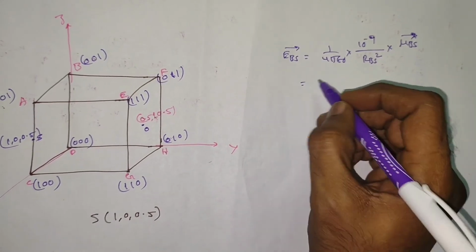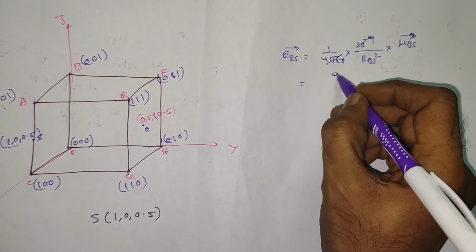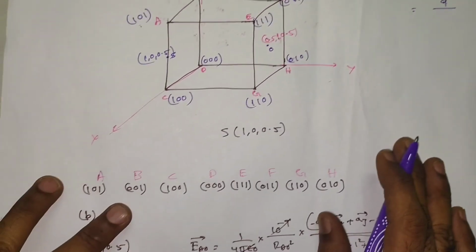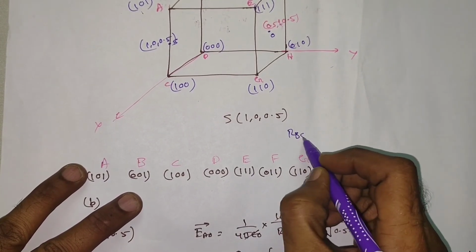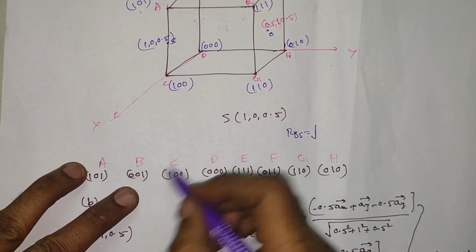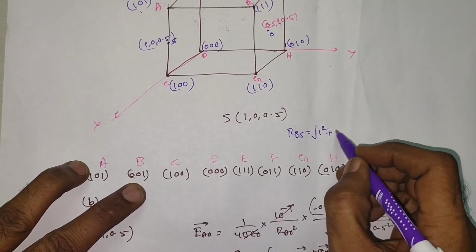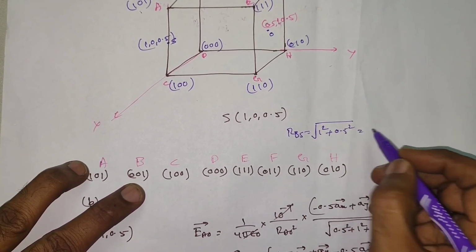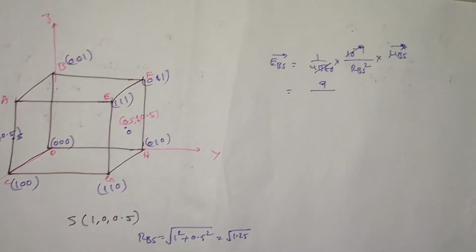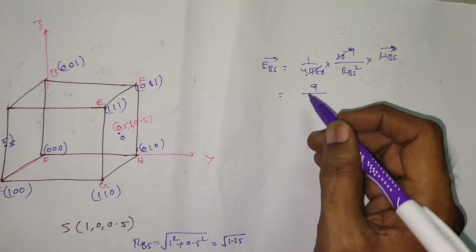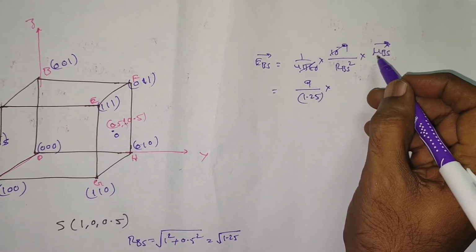So this is going to become 9 divided by RBS squared. RBS is the square root of (0 minus 1) square plus (0 minus 0) square plus (1 minus 0.5) square, which is the square root of 1.25. And as we consider RBS square, we get 1.25, into the vector UBS.